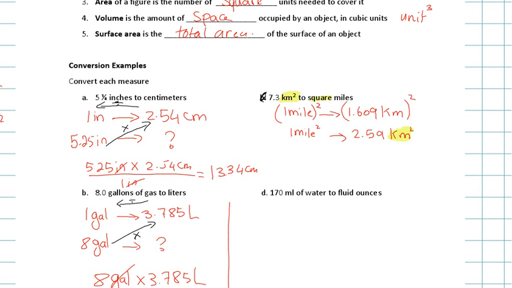Now I can use this ratio to change the 7.3 into miles squared. Again, it's the same idea. Cross multiply, so you multiply 7.3 by 1 and divide by 2.59. So 7.3 kilometers squared times 1 mile squared divided by 2.59 kilometers squared. So what do you get?